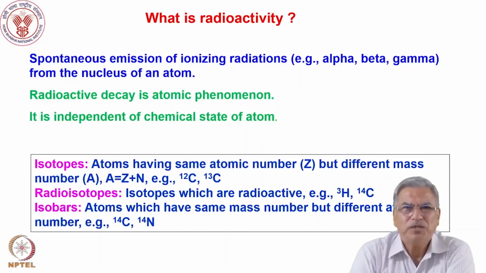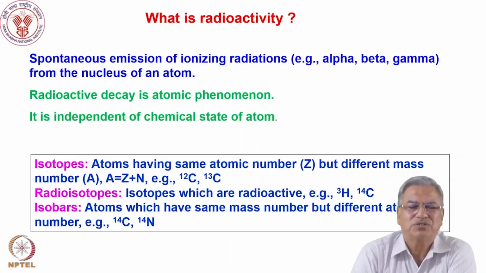Now, radioisotopes are those isotopes which are radioactive. For example, tritium and carbon-14. These are radioactive. Tritium is the isotope of hydrogen, and carbon-14 is the isotope of carbon. Another term that we will be frequently using is isobars.